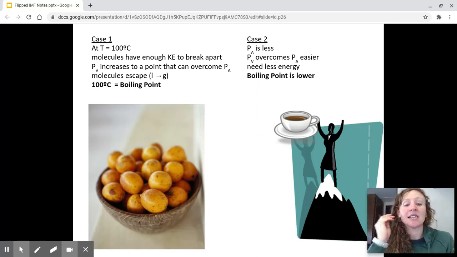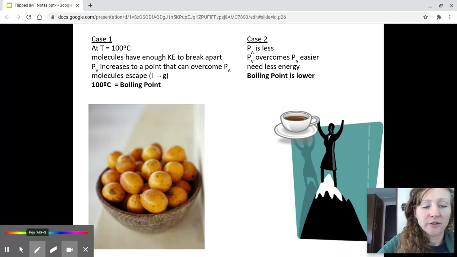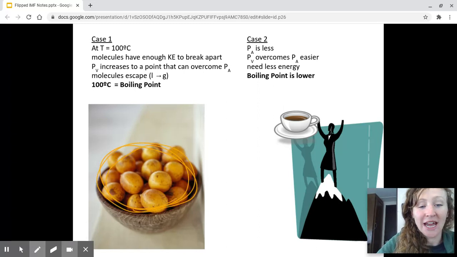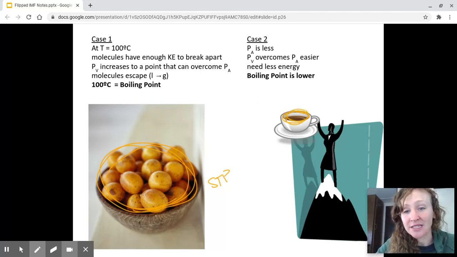And we see this when we look at a solution. This little bowl of kumquats is supposed to be a solution, by the way, a solution at STP, so maybe ocean level, versus that solution on a mountaintop. So this is a difference in atmospheric pressure.